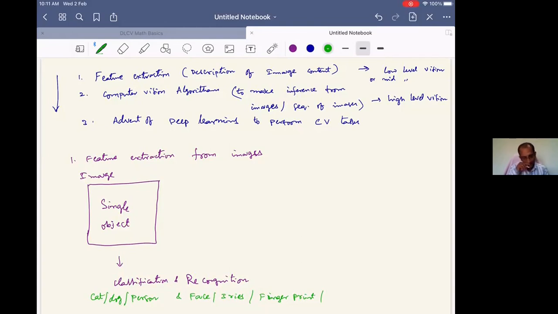Of course, there are some problems which you can consider either this way or that way. Say handwritten recognition. If you consider handwritten classification, you are putting the digits into one of the classes. That you can consider as classification itself. But if, based on handwriting, you want to know who has written it, or signature verification, that you can put as a recognition task.